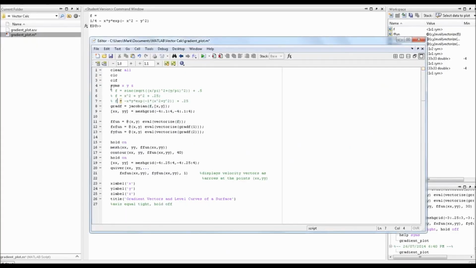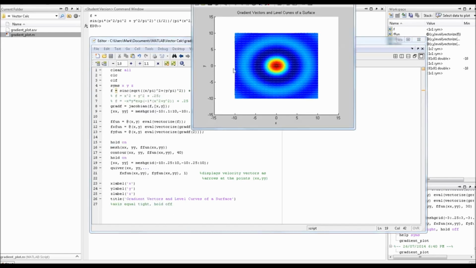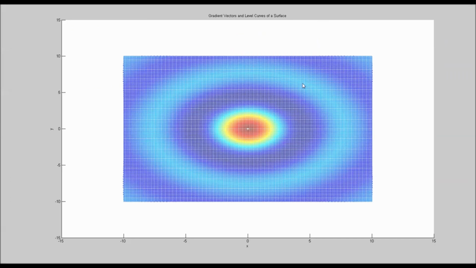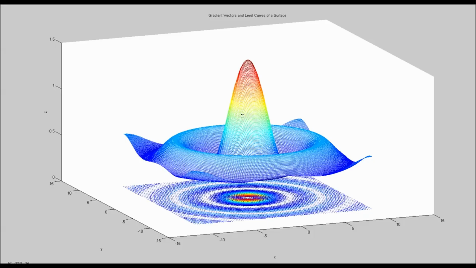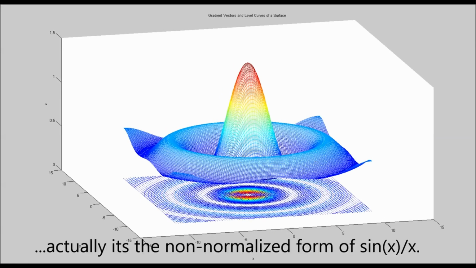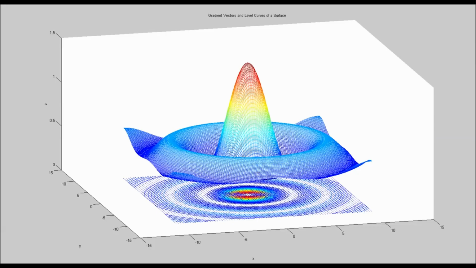And then one more quick example. Okay, so this one looks pretty cool. This is the normalized form of sine x over x. It's been shifted up by 0.5 just so I could make some space underneath the surface to see the contour plot and the gradient vectors.